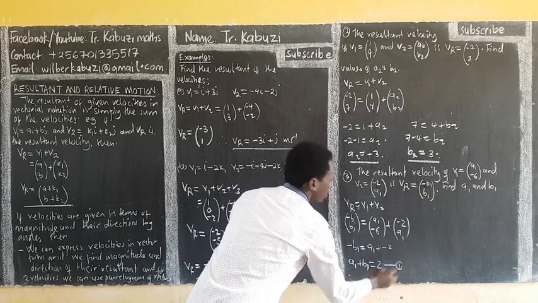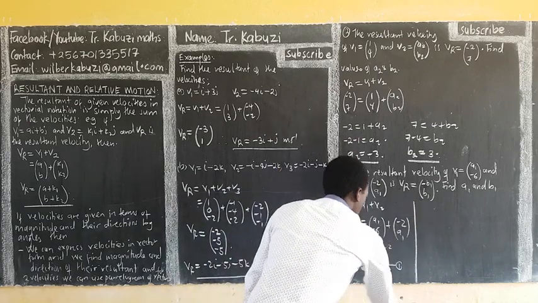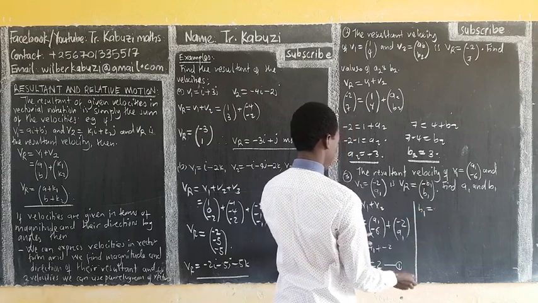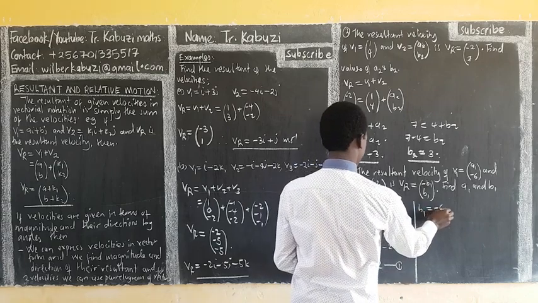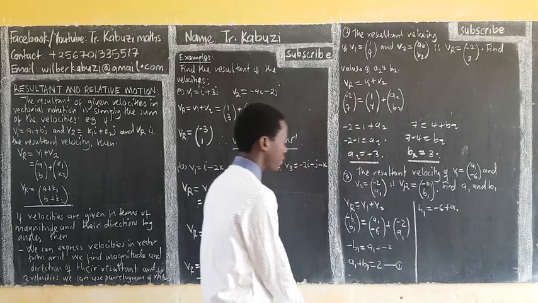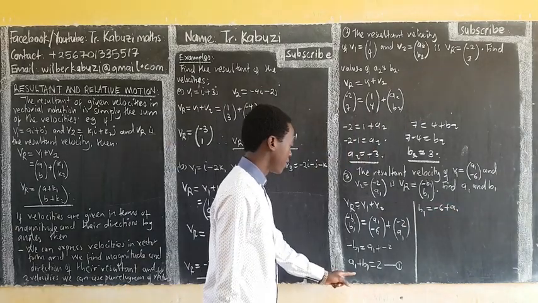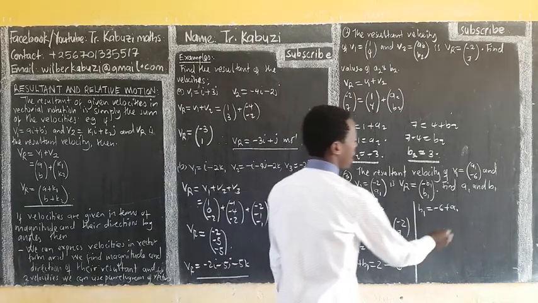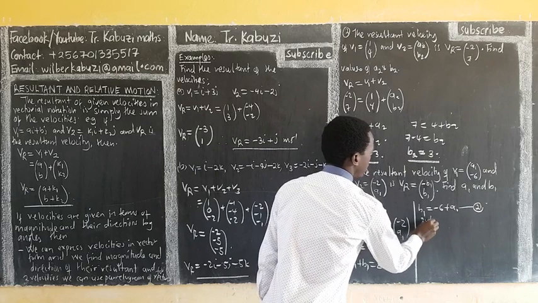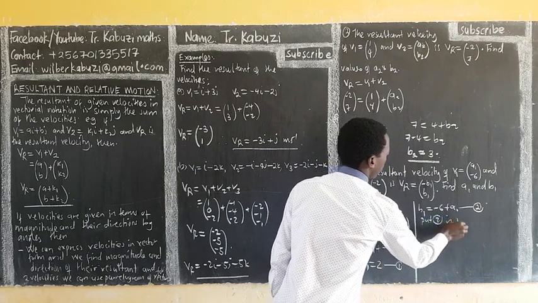I call this equation 1. I also come to this. So B1 will be equal to negative 6 plus A1. I call this equation 2. And I say put 2 in 1.